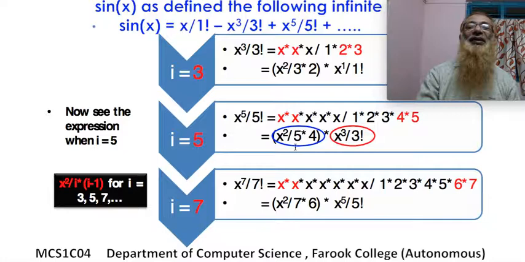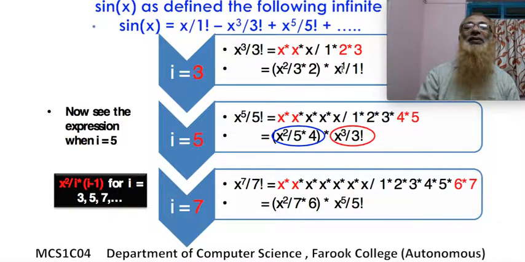Similarly, take the term here, I becomes 3. When I becomes 3, we compute x cubed by 3 factorial. First part, we know what will happen. x square by 3 into 3 minus 1, sorry, 3 minus 1.